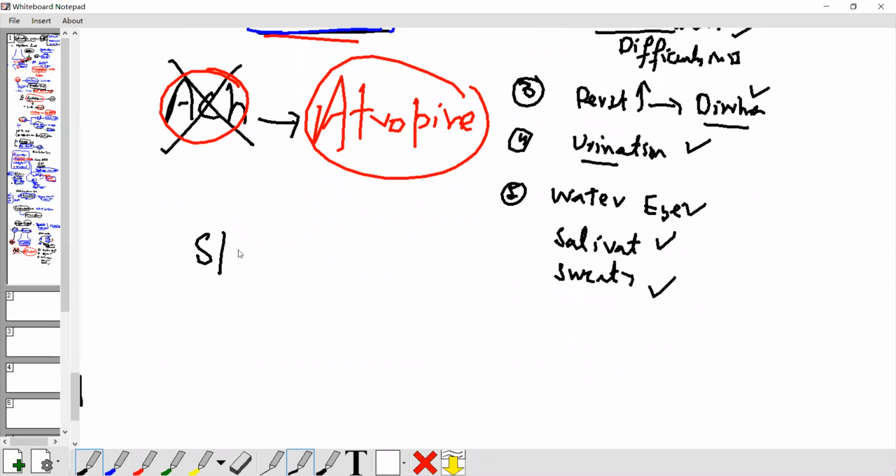Another clinical point: spider venom. This is a very special spider, the black widow spider, only present in Africa.